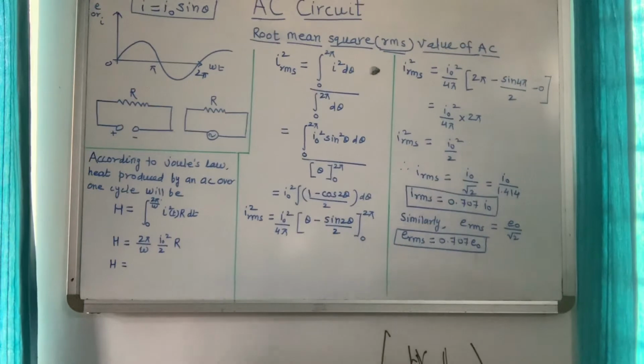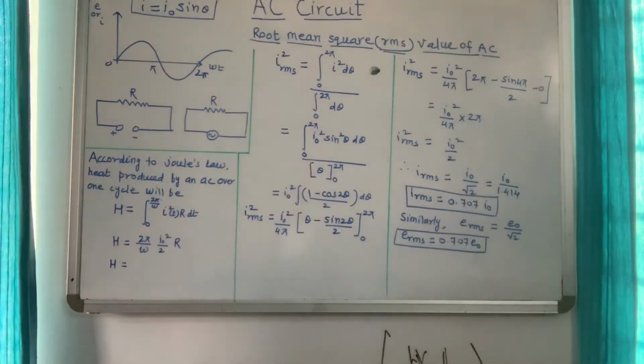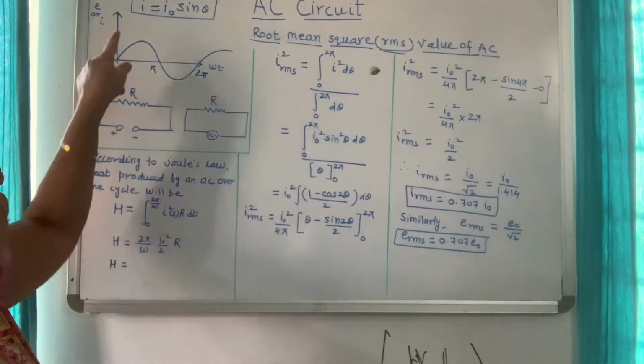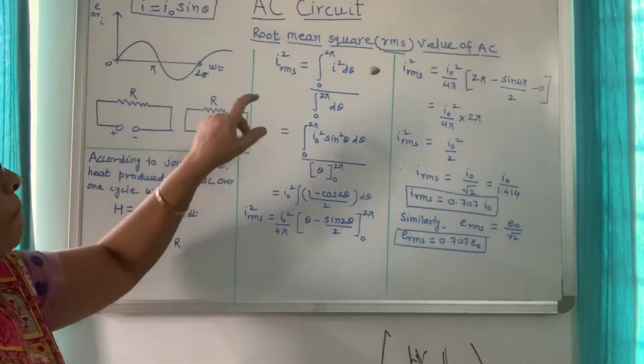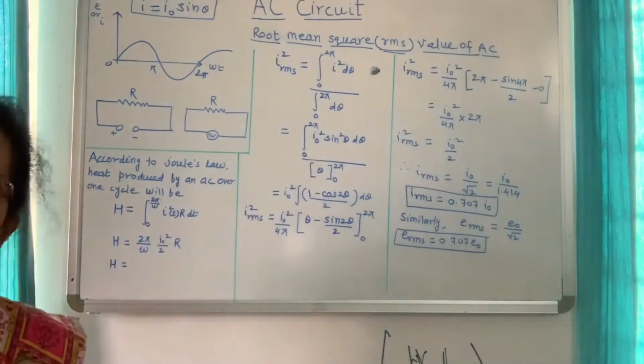How to calculate this? This is mathematical. We have to find the RMS value over one complete cycle, because we want to measure the current.